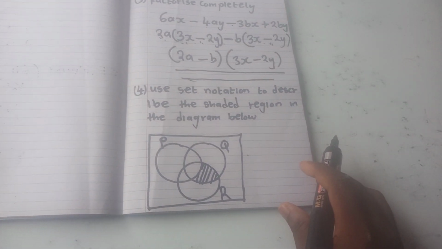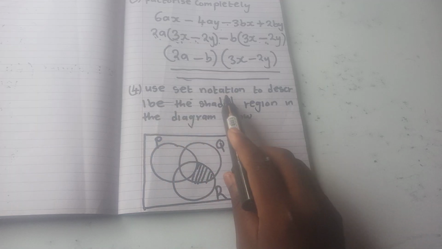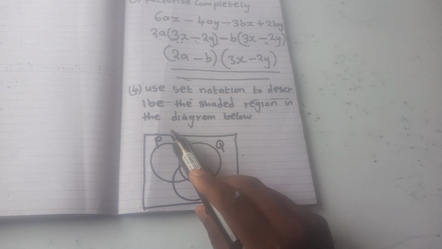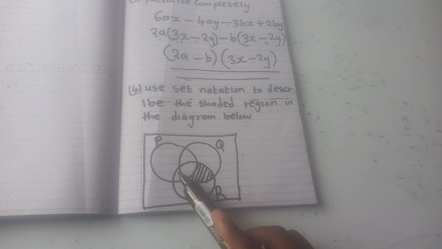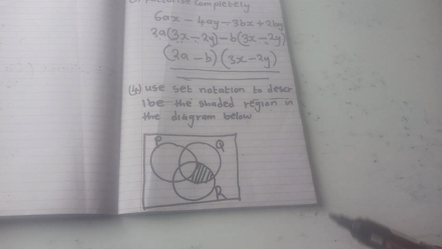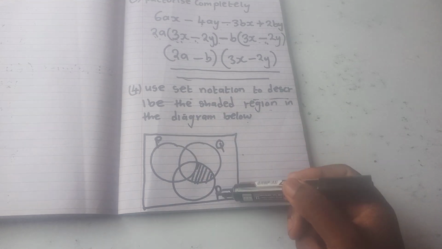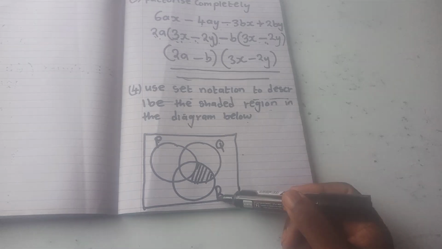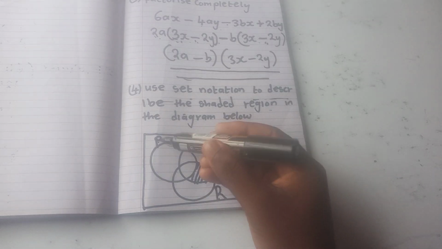Now we go to question 4. Question 4 says, use set notation to describe the shaded region in the diagram below. This is the diagram. You have been told to describe this set. So how do you describe this set? You can see, this is P, Q, R. And where they have shaded, it's the intersection of Q and R. So where they didn't shade this one, they didn't touch anything.